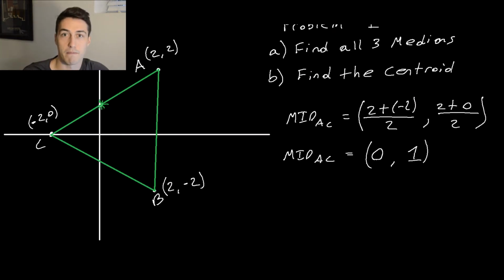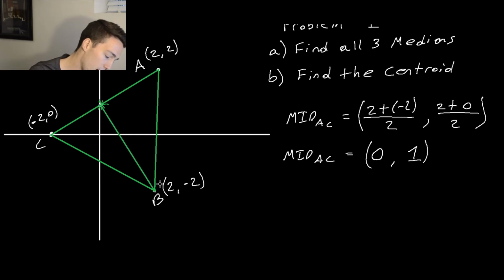So now that we have the midpoint of line AC, we're looking to find the equation of the median that connects the midpoint of AC to the vertex B. So we're looking for the equation of that line right there. To get the equation, I'll keep it in green. We now have 2 points, the midpoint and point B, the vertex that we're going to. So we can find the equation of the line.